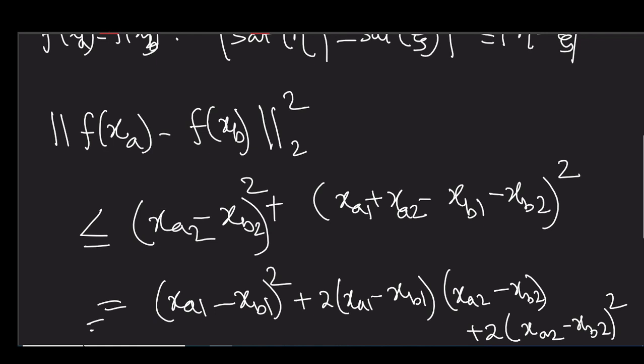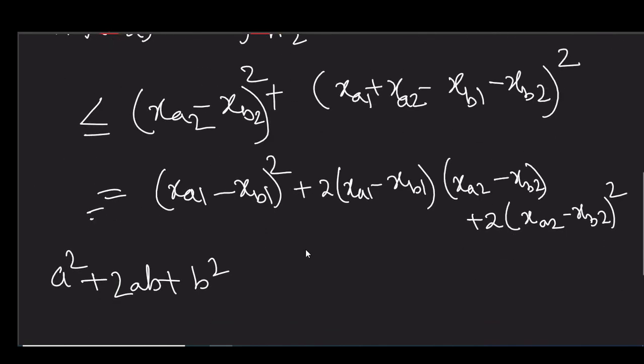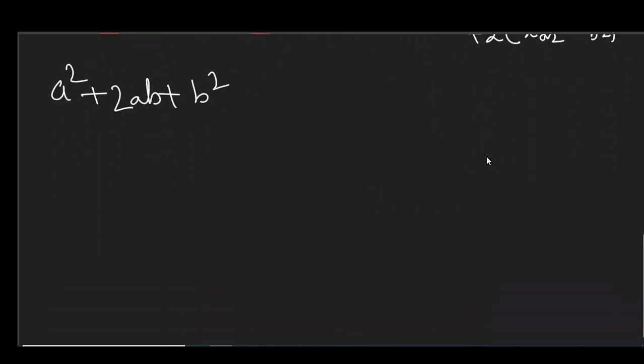So here we can exploit the matrix second norm property. It is taking the shape a square plus 2ab plus b square. If you observe it carefully, where a is this much, ab is this, and b is this, so that can be written.